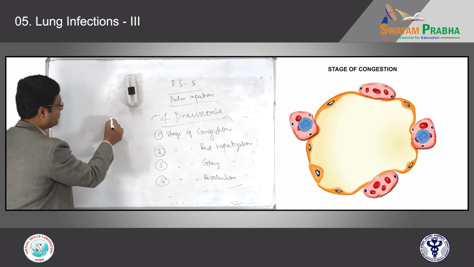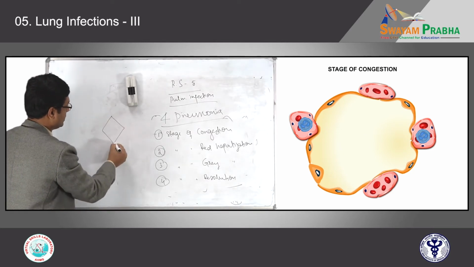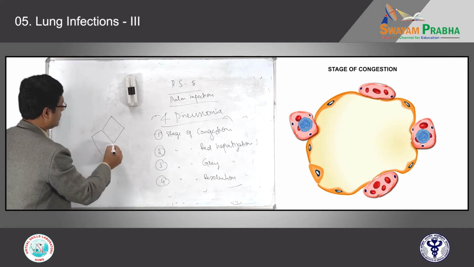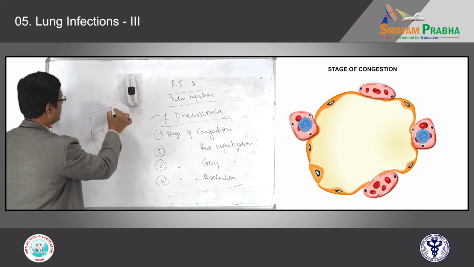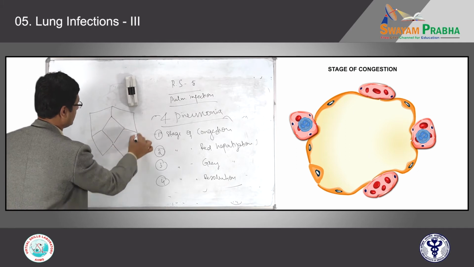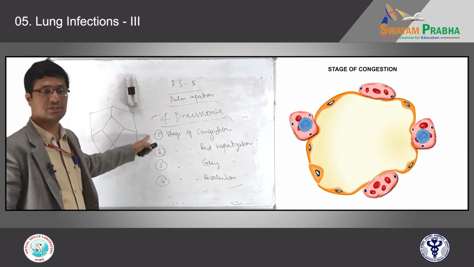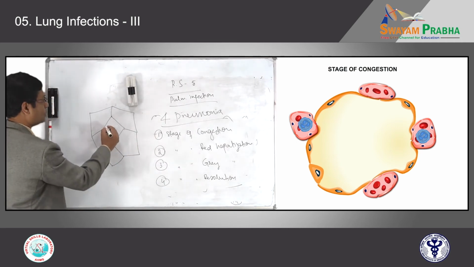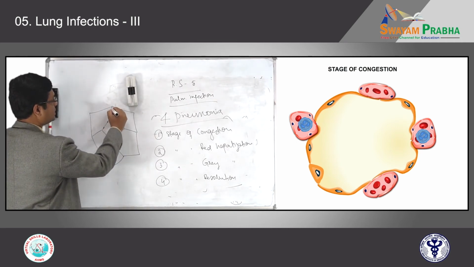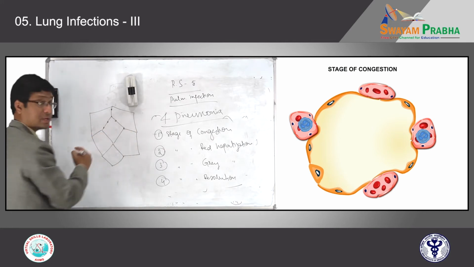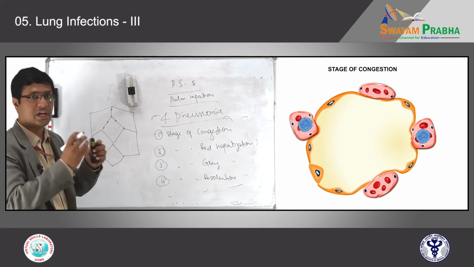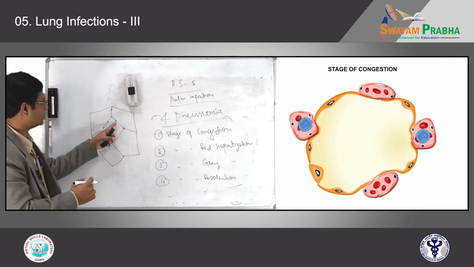We have alveolar parenchyma here: one alveolus, another alveolus, and another alveolus. In the stage of congestion, what happens? There are septal capillaries present in the interalveolar septae. This is the normal.